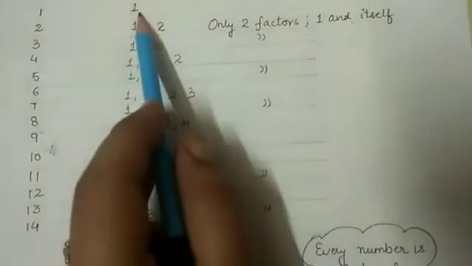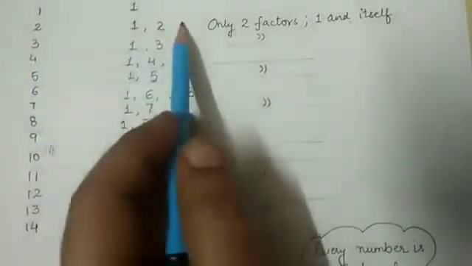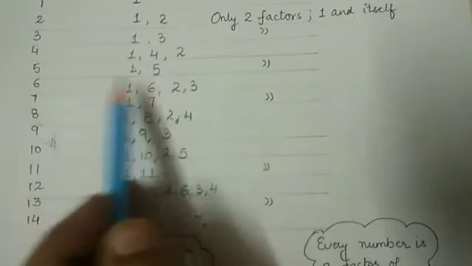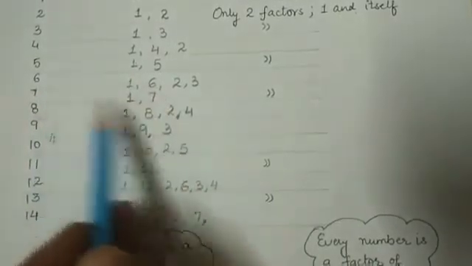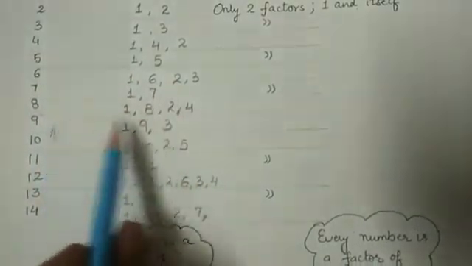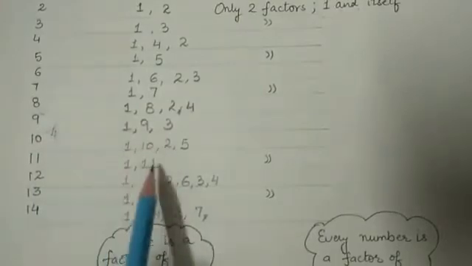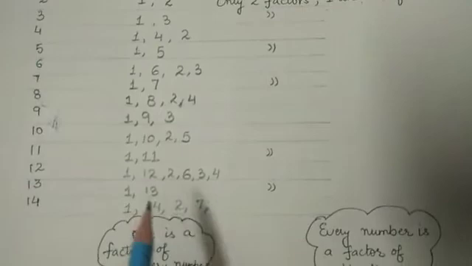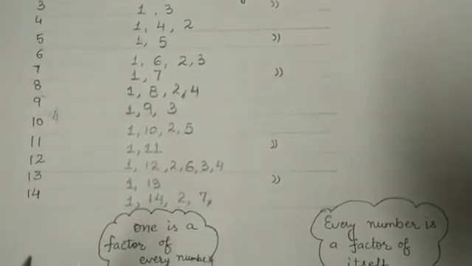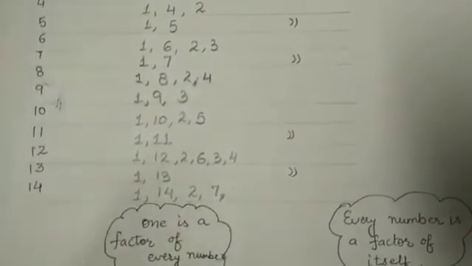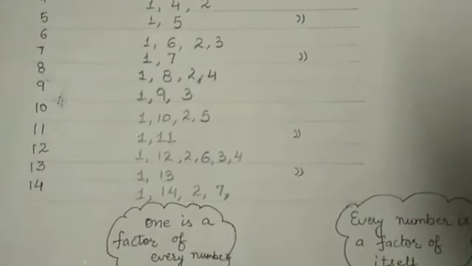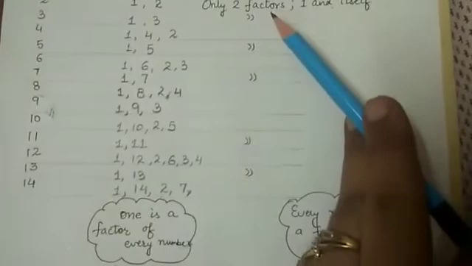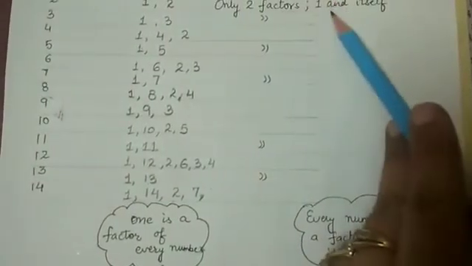See, in 1, 1 is there, 2, 2, 3, 3, 4, 4, 5, 5, 6, 6, 7, 7, 8, 9, 10, 11, 12, 13, 14. It means every number is a factor of itself. 1 is a factor of every number. And some numbers have exactly 2 factors, 1 and itself.